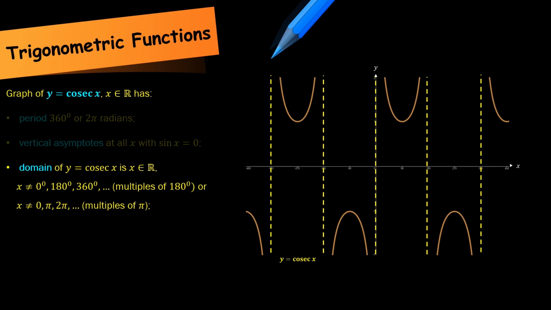The domain of y equals cosec x is x in the real numbers with x not equal to 0, 180 degrees, 360 degrees, in other words, all multiples of 180 degrees. Or, in radians, x is not equal to 0, pi, 2 pi, in other words, all multiples of pi.